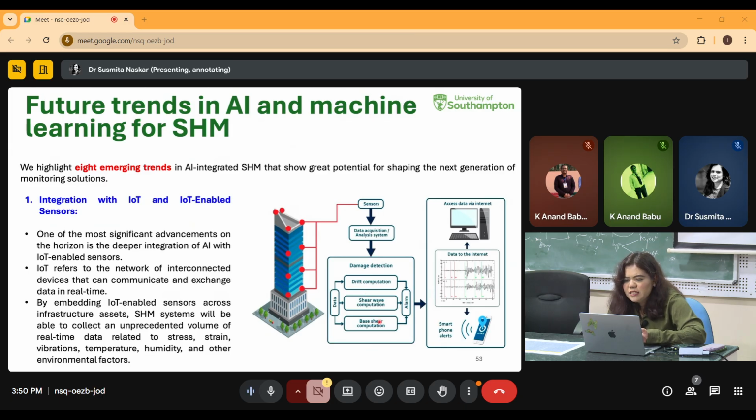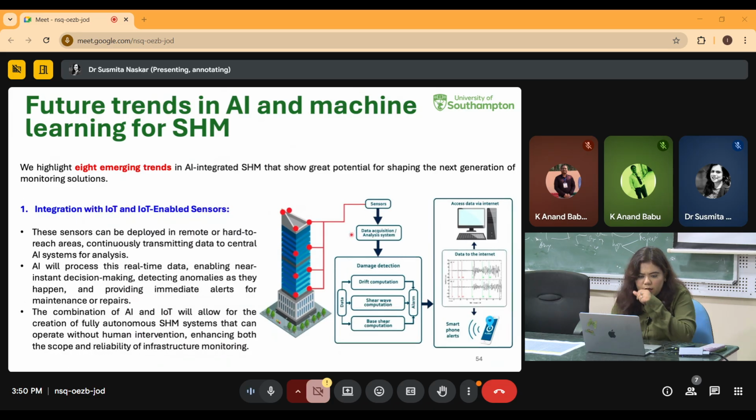Once this has happened, it is made accessible to the online system, which sends alerts directly to smart devices, demonstrating the real-time connected nature of future SHM. That's very generic, and it can definitely be more complicated, with a lot of other add-ons. It's the simplest way of showing how an IoT device generally works. When we talk about SHM cases and infrastructure, this is a very generalized way of doing that.